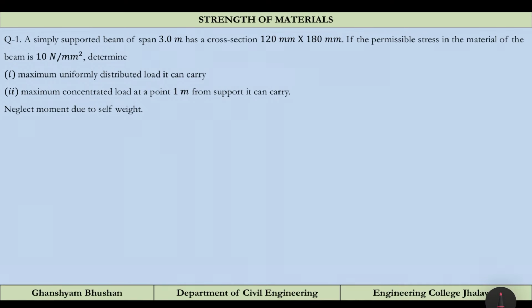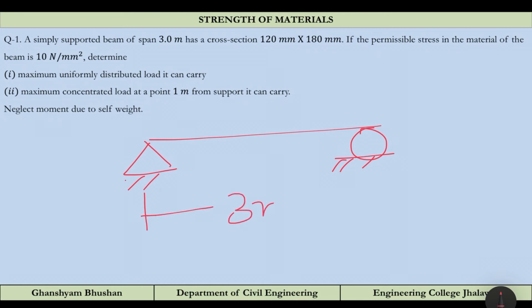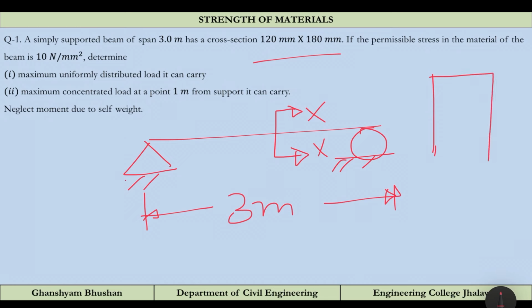Before moving to the question, let us try to understand what this question is. This is a simply supported beam, 3 meters is the span. What is this cross section? Cross section means if you cut here, let us say this is xx, then xx will look like this. This is rectangular because 120 and 180.